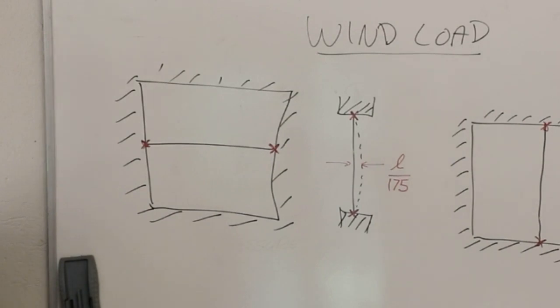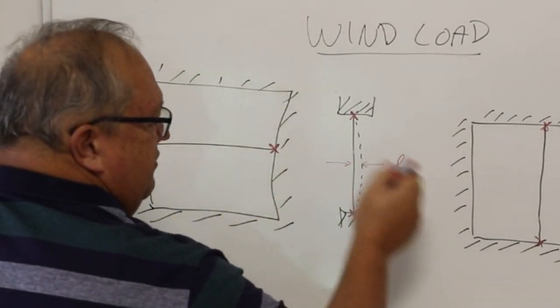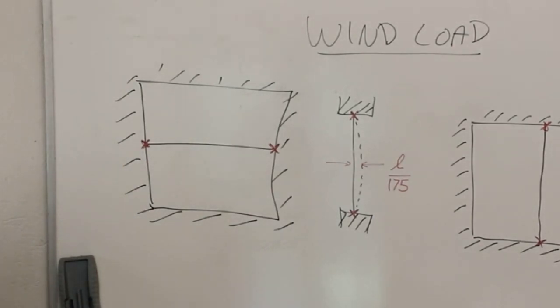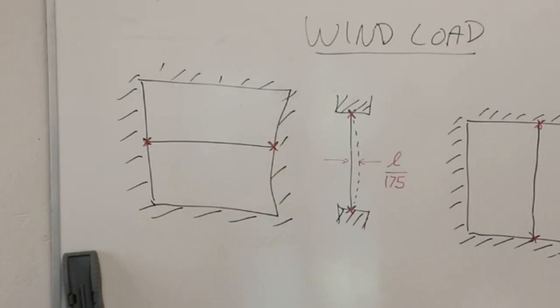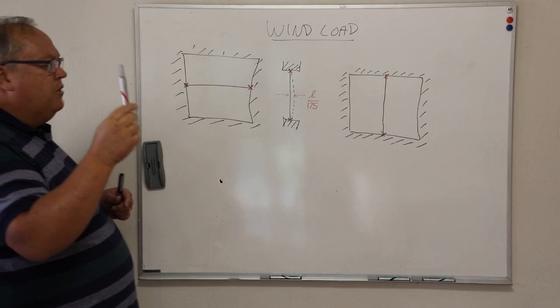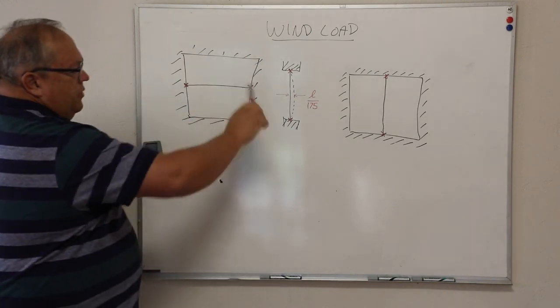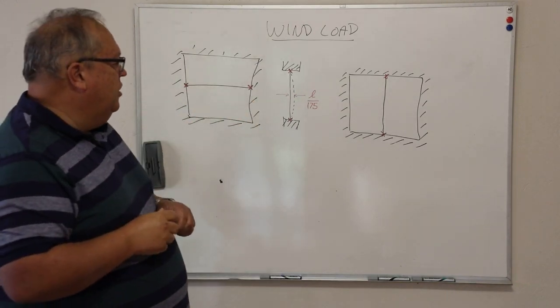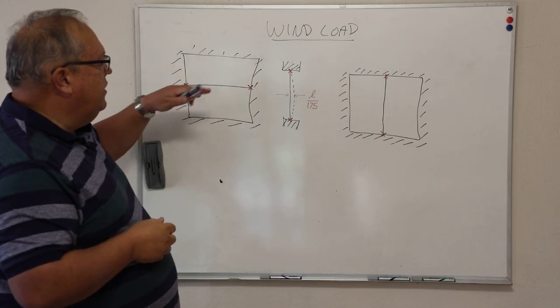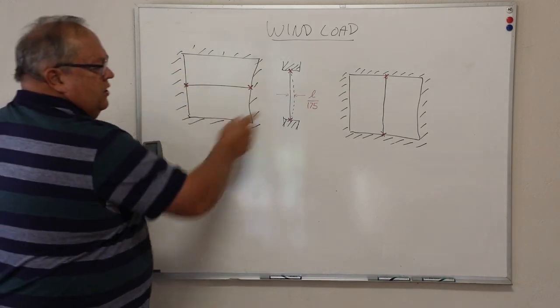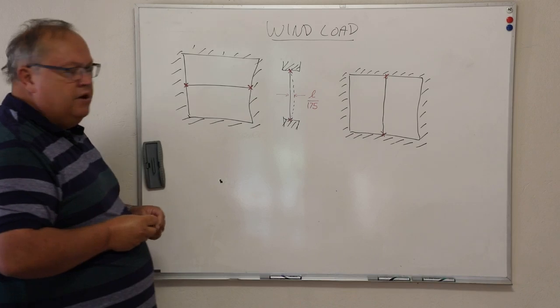And that transom too needs to comply with this maximum deflection of the length of that profile divided by 175. So it doesn't matter if the profile is running vertically or the profile is running horizontally, you have to ensure that that profile is not going to deflect by more than the length divided by 175.